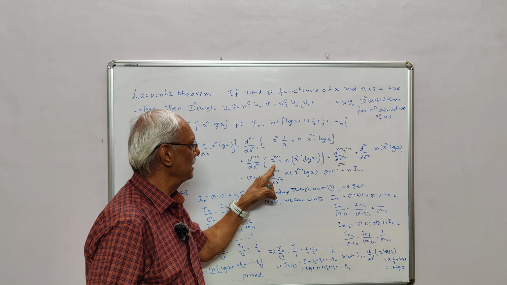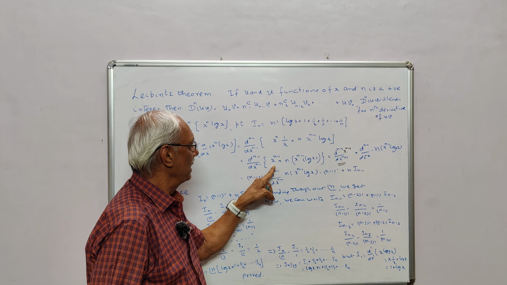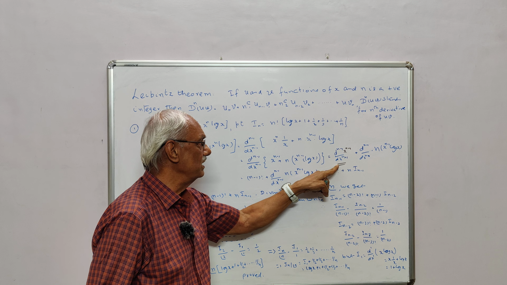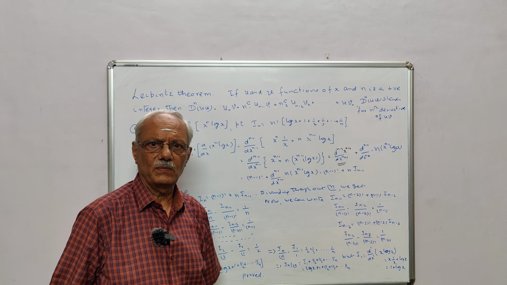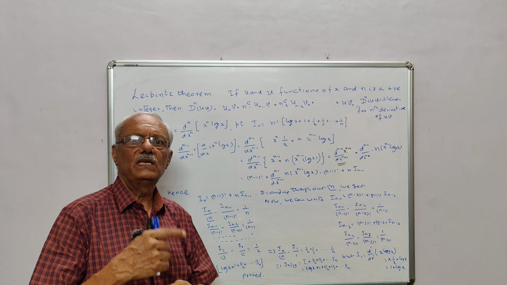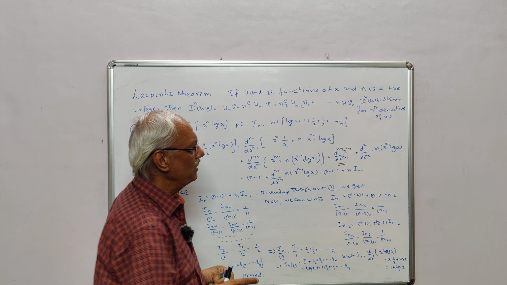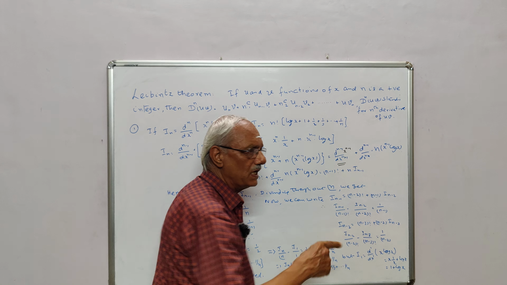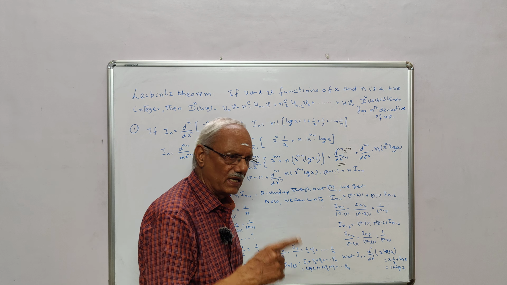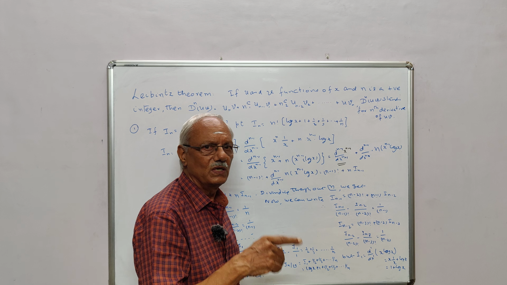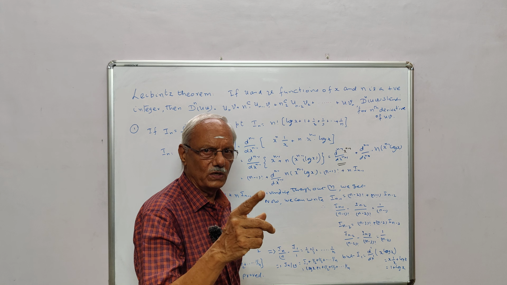Next, if you differentiate this, it is n minus 1 into x to the power of n minus 2, and the next derivative will be n minus 2. So when you go for the n minus 1 derivatives, it becomes n minus 1 into n minus 2 into n minus 3 up to 1.